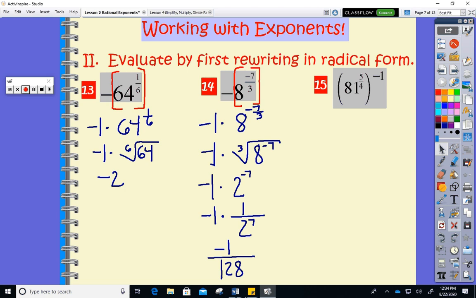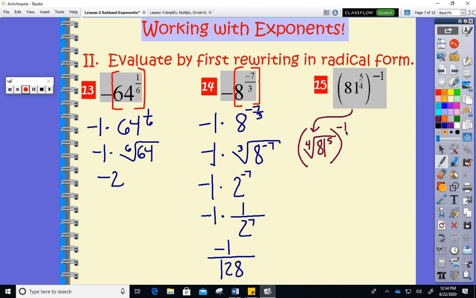Now on the last one, I'm going to worry about that big -1 on the outside at the end. But you could actually do this 2 different ways. All right, so what I was saying is that I'm going to say, let me do the 4th root of 81 to the 5th. So I'm going to worry about the inside and then put the -1 to the outside, and I'm just going to leave it to the outside. Well, I certainly don't know 81 to the 5th.